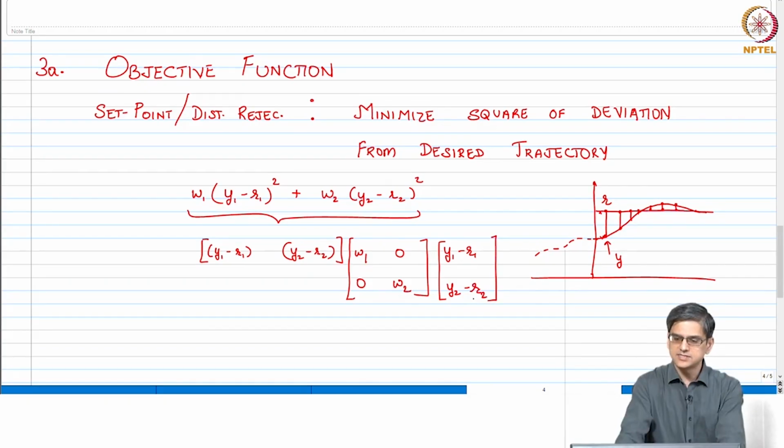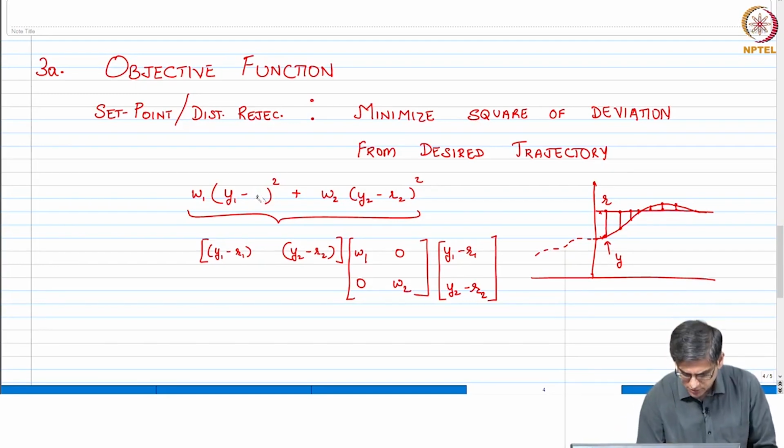Right. R is a set point. We will come to that. For now, let us talk about the plot that I have shown. Yes, R is constant. R is your set point. Okay, we'll just call it YSP.